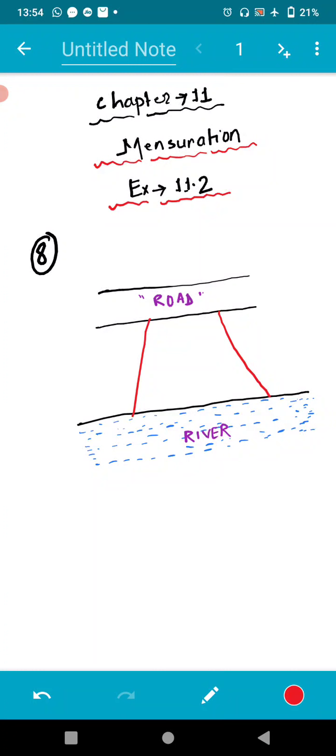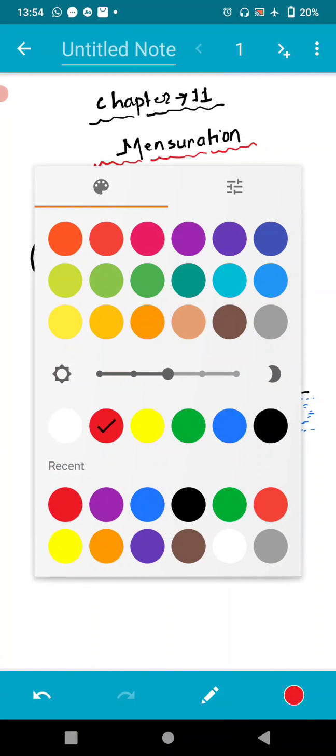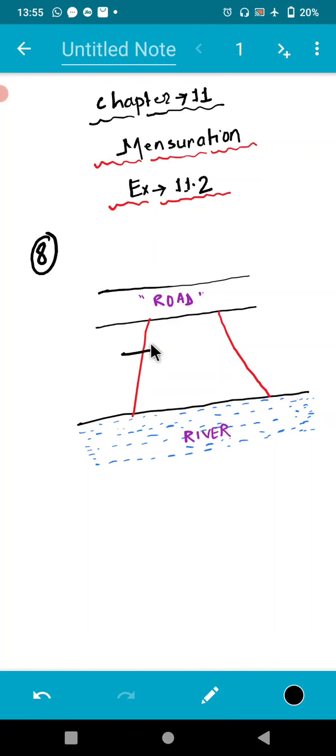Now as you see on the screen, I have already drawn the figure which is given in question number 8. Just a little explanation of this figure before I explain this. There is one particular land, a trapezium shaped land, a trapezium field, in between road and river.